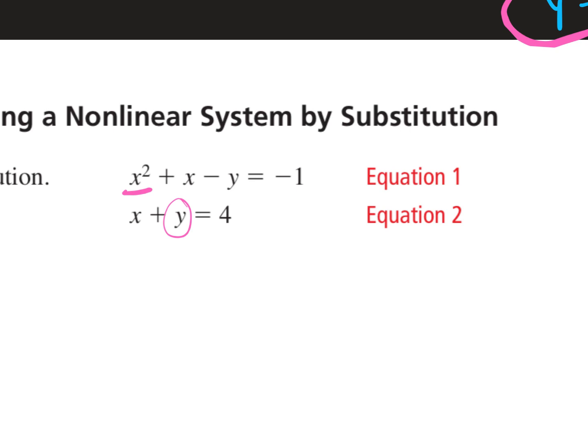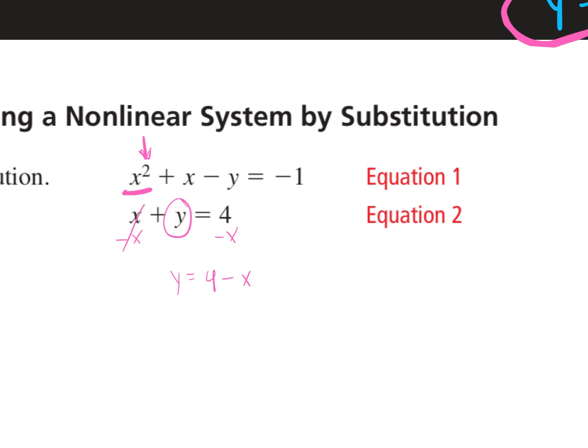So I'm not getting my first equation to be y equals because that has the x squared term. I want to work with my second equation. I'm going to move the x to the other side because I want it to be y equals. So y is equal to 4 minus x.